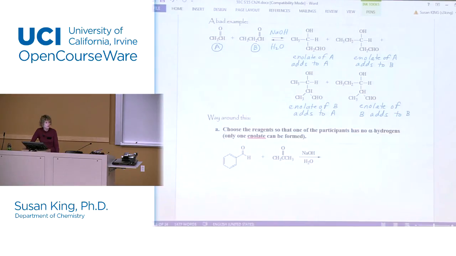That would not be a very easy separation. They're going to have very similar physical properties.